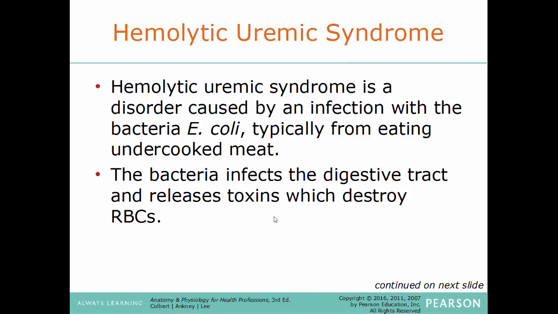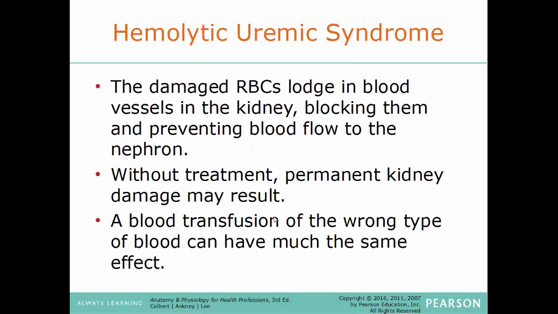The bacteria will infect the digestive tract and will release toxins that will destroy red blood cells. The damaged red blood cells get lodged in the blood vessels of the kidney, blocking them and preventing blood flow to the nephron. Without treatment, there can be permanent kidney damage. A transfusion of the wrong blood type can also lead to the same effect.